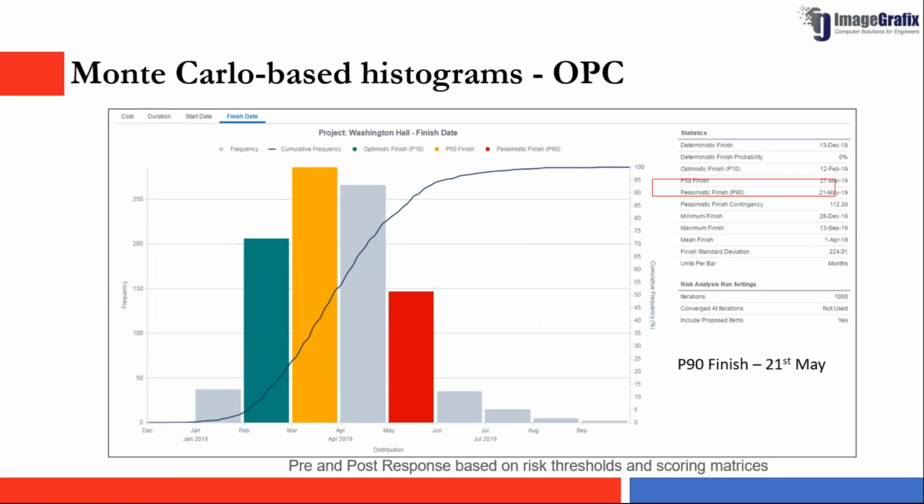Then you can also do your qualitative risk analysis using Monte Carlo simulations and generate histograms and distribution analysis charts to identify the probability of you completing your project on time, on cost, on duration, right? So all these things you will be able to do using Primavera Cloud.